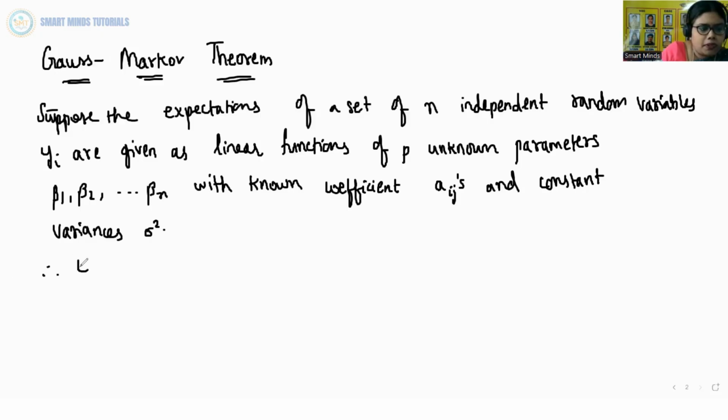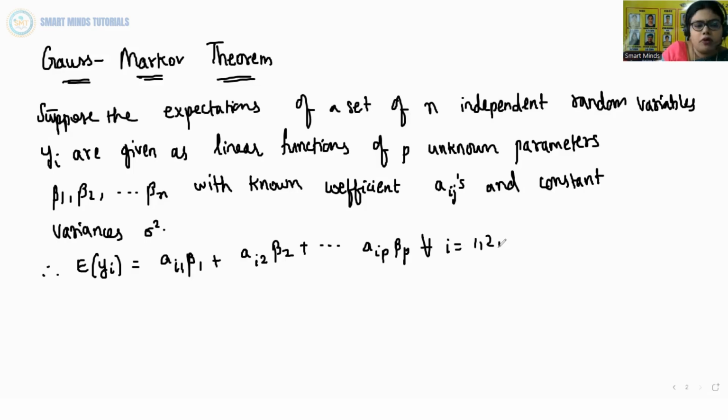Therefore, E of yi is equal to ai1 beta 1 plus ai2 beta 2 plus so on up to aip beta p for all i takes values from 1 to n.